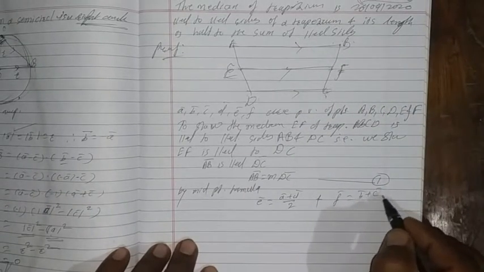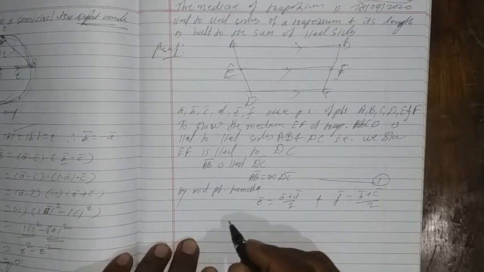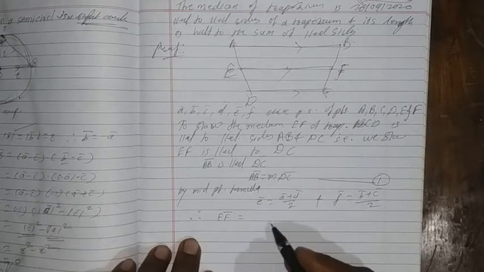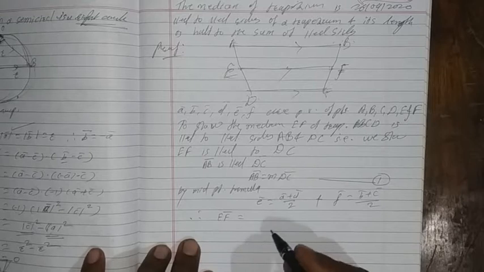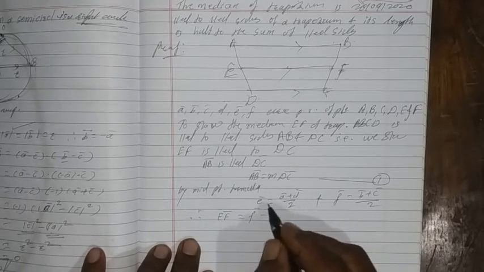Then vector EF, by the definition of position vector, is F minus E.